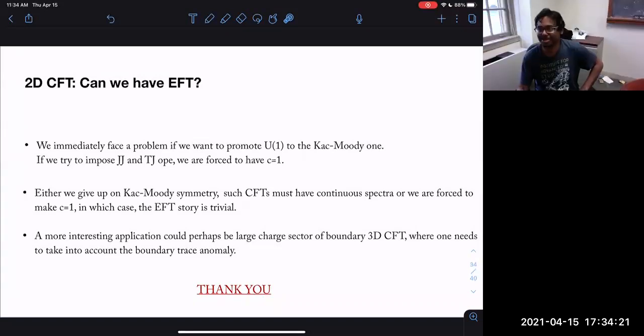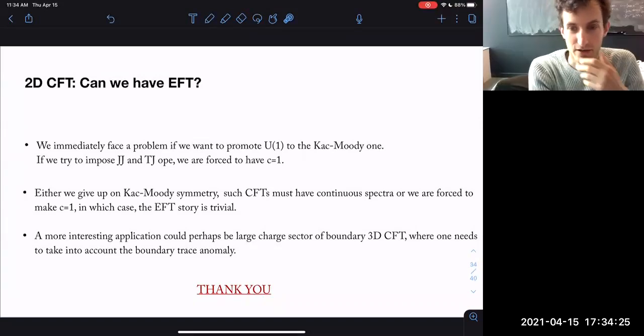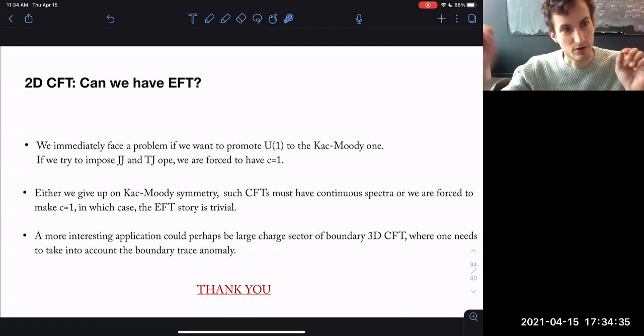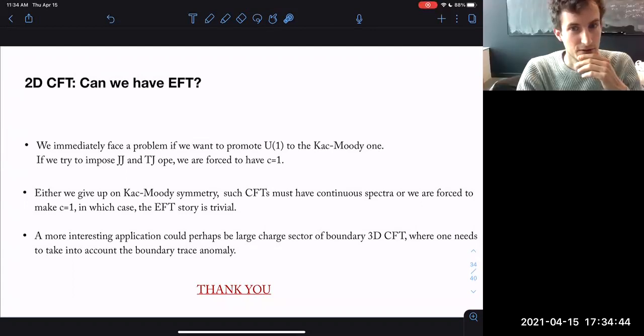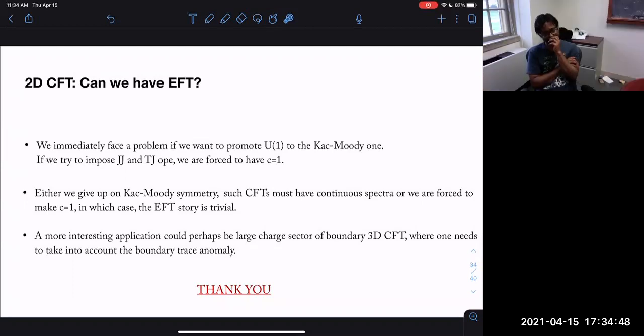Can you tell me a little more? Well, I'm not an expert on this, but you can reproduce the Cardy formula semi-classically in Liouville theory, in a similar way to what you're doing at large charge. I see. And to leading order it's a free scalar field as well. It seems a little similar. Yeah, it might be related.